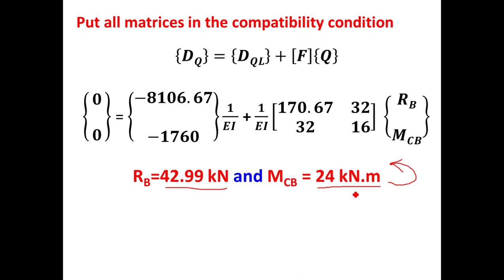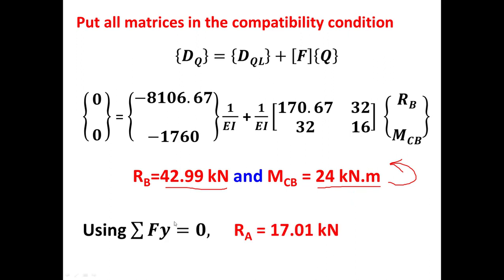Of course, if your problem is to analyze the beam, we have to finally find all the moments. These are only one reaction at point B and one moment. So the rest of the unknown reactions we have to find using our fundamental concepts of mechanics, right? For example, if you want to calculate RA, the reaction at A, using summation of Fy you will get RA equal to 17.01 kilonewton.